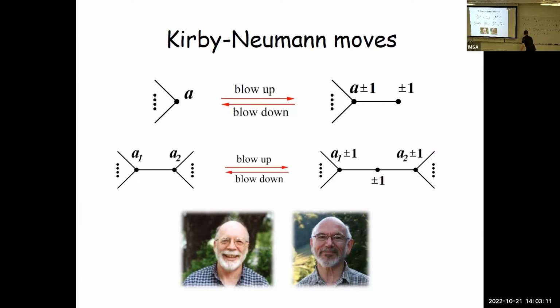The precise statement is that it gives some of the familiar invariants, which include Witten-Reshetikhin-Turaev invariants. So these are quantum group invariants of three manifolds at roots of unity.